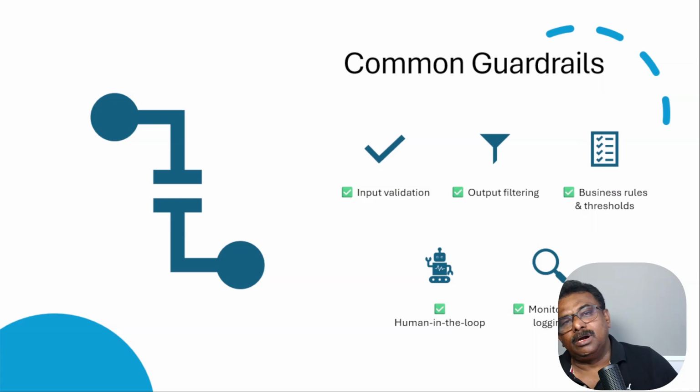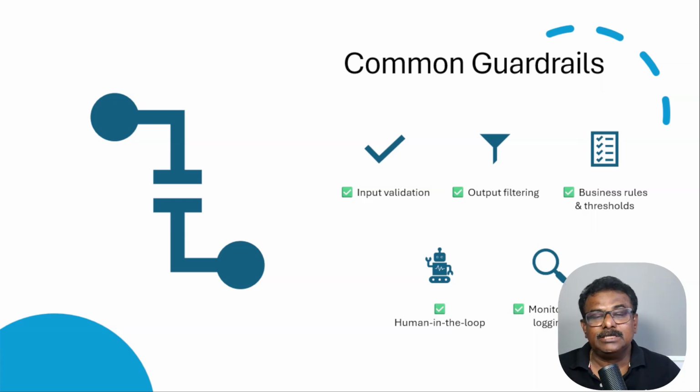The common guardrails we may have to use start with input validation. We need to ensure that the user is not asking something which is not right, or something malicious. Similarly, output filtering: your AI should not provide problematic content. Then business rules: there is some content which is confidential and not supposed to be disclosed to a third party or a customer.